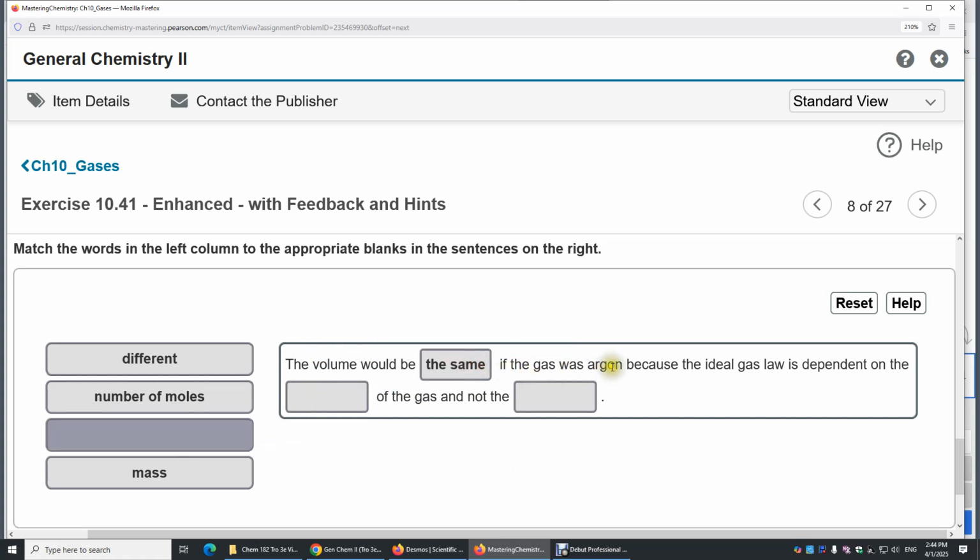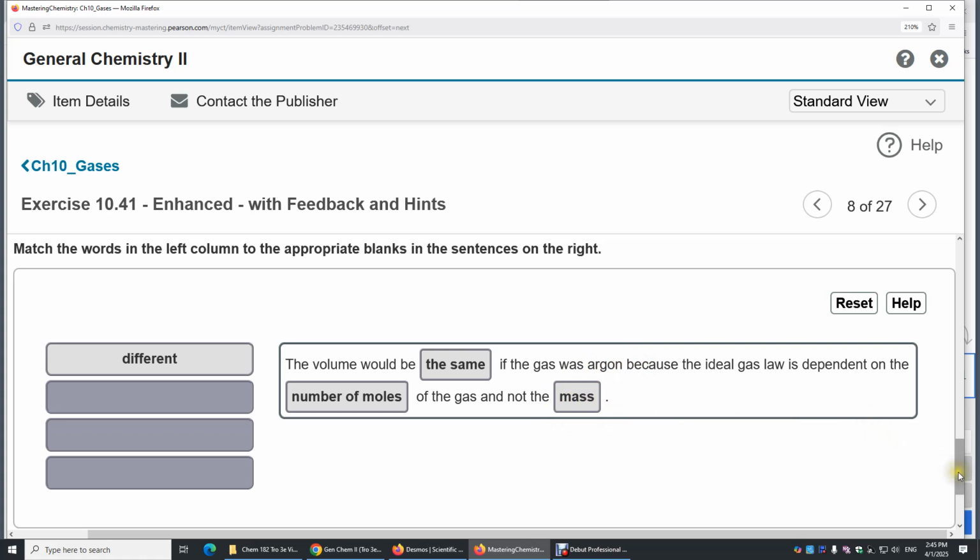If the gas was argon, because the ideal gas law depends on the number of moles of the gas, we look at the number of moles and not the mass. We don't have to worry about the mass. Of course, 1 mole argon weighs more than 1 mole helium, but we don't worry about that.